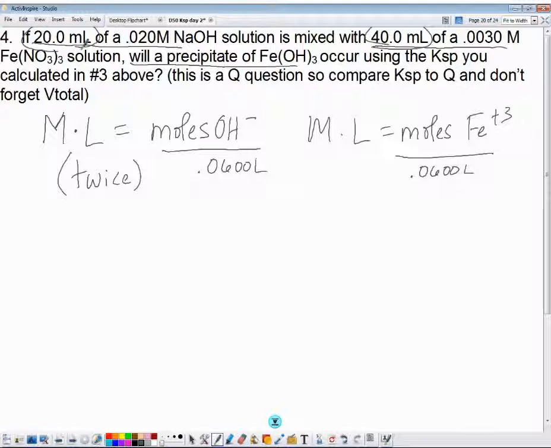So in the very beginning of this problem you are taking the moles of the hydroxide from sodium hydroxide and the moles of the iron from the iron 3 nitrate, and dividing each of those mole values by your total volume of 0.06 liters. To do what, Ms. Matney? To know your initial concentrations of the iron 3 and the hydroxide for your ice chart.